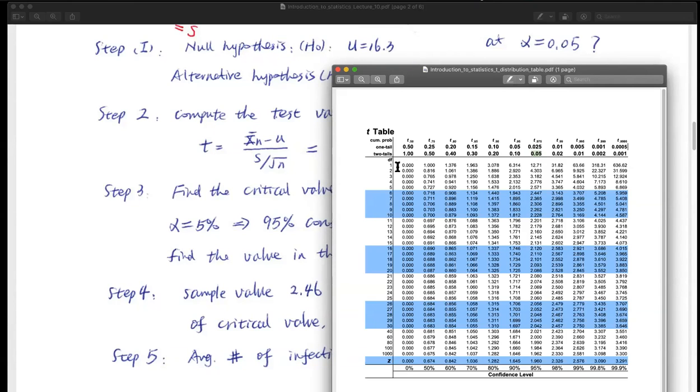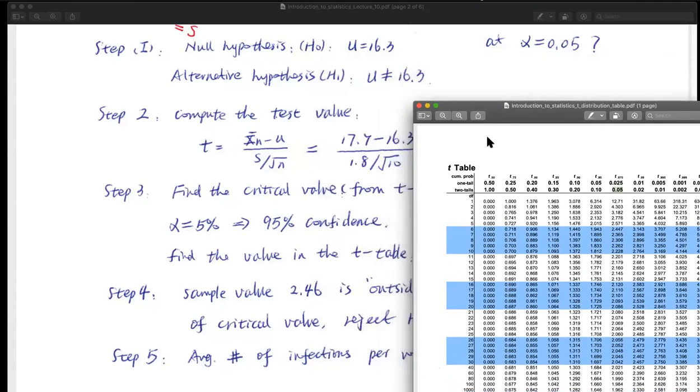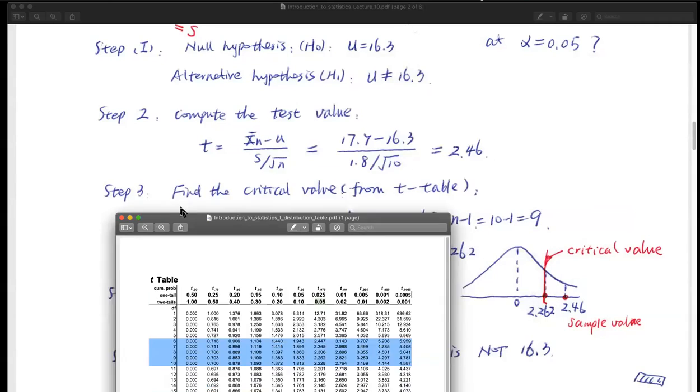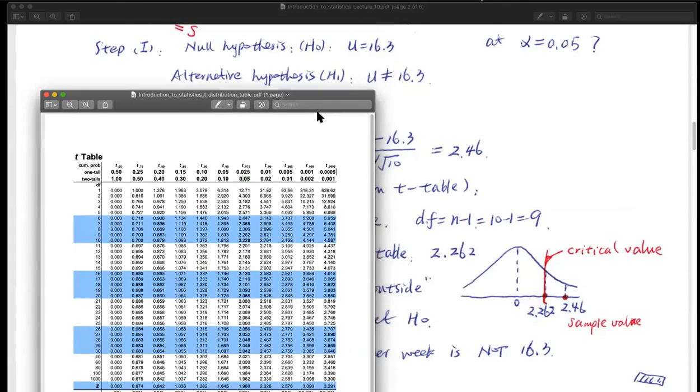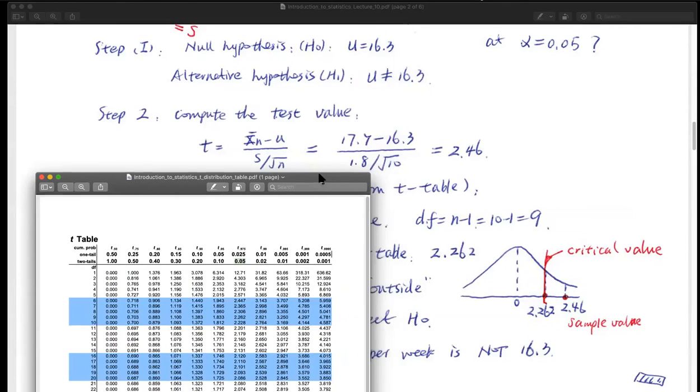Degrees of freedom is n minus 1. Remember the formula? What's the sample size we have? We have 10 weeks, the average number of infections. So 10 minus 1, degrees of freedom is 9.